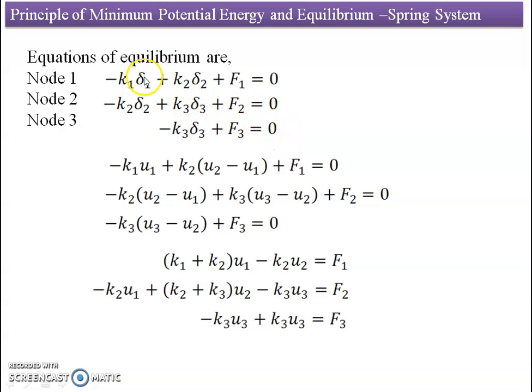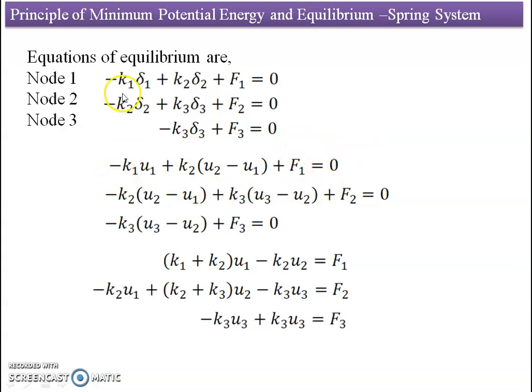Now I will put the individual values of delta 1, delta 2, delta 3 in terms of displacement components in the respective directions. Here we have considered for node 1 it will be U1, node 2 it will be U2, and node 3 it will be U3, the total displacement at that particular node.